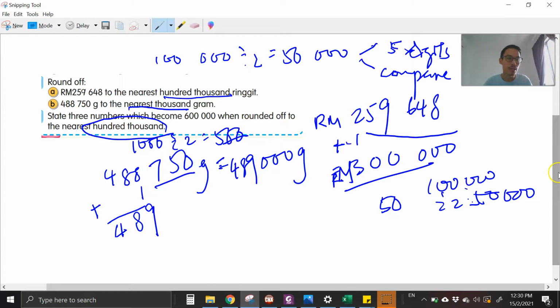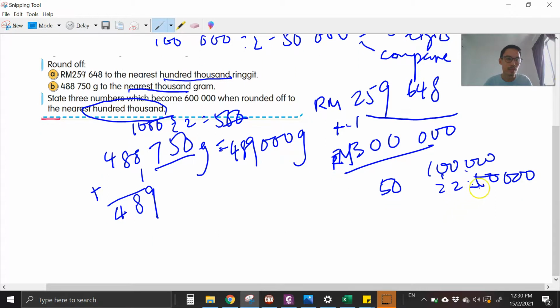So what this means is you have to write your number bigger than 50,000, starting from 500,000.